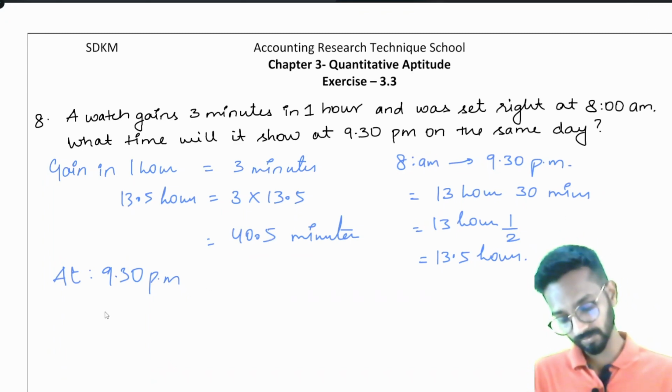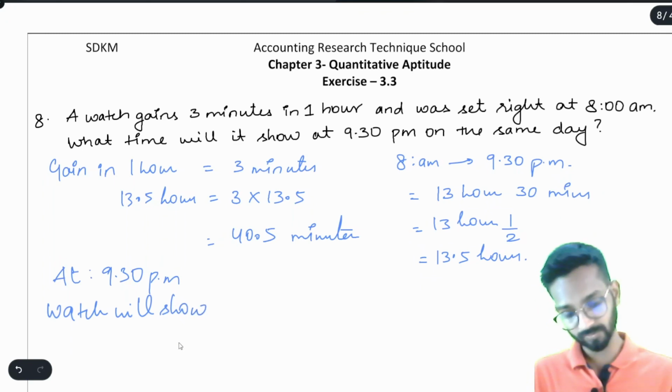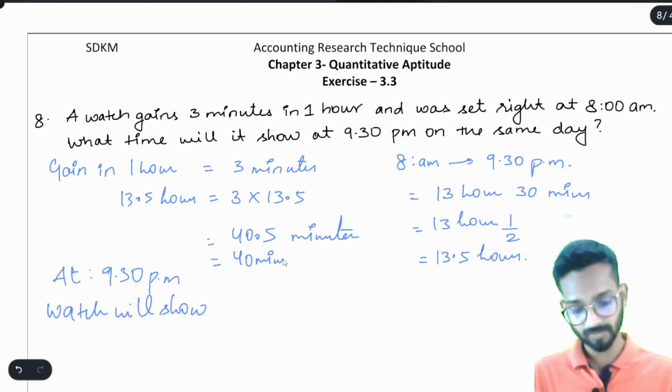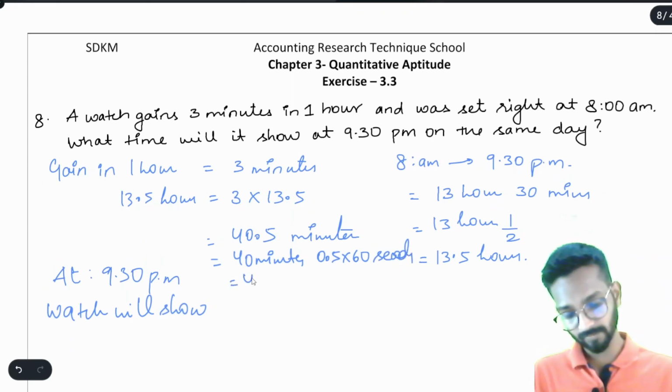So it will show 9:30 pm plus 40 minutes. See, 40.5 minutes you can write as 40 minutes, and this 0.5 if I convert into seconds, into 60 seconds, is 30 seconds.